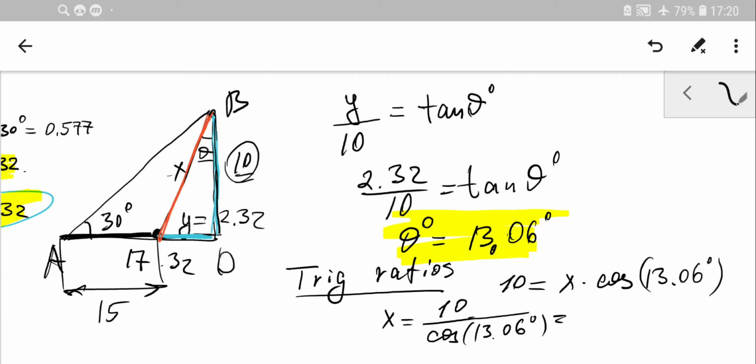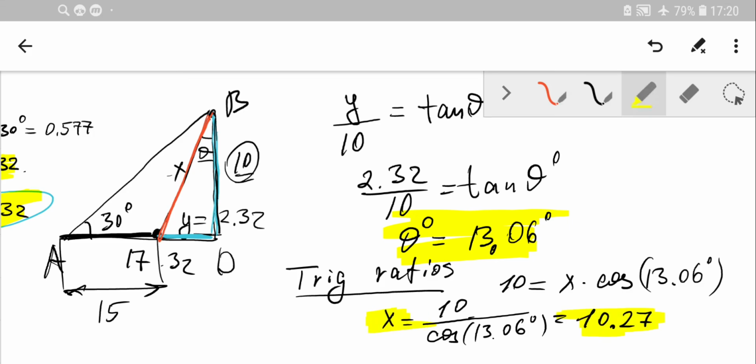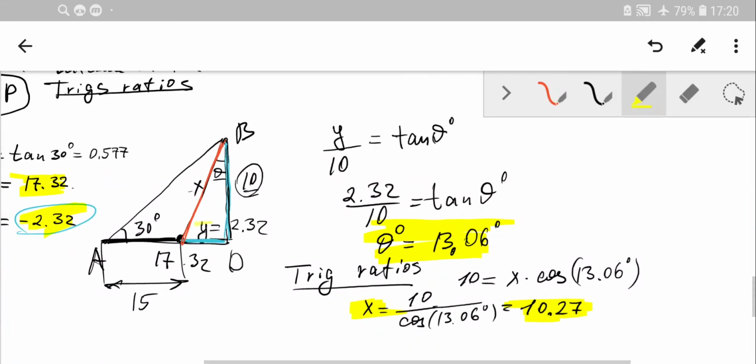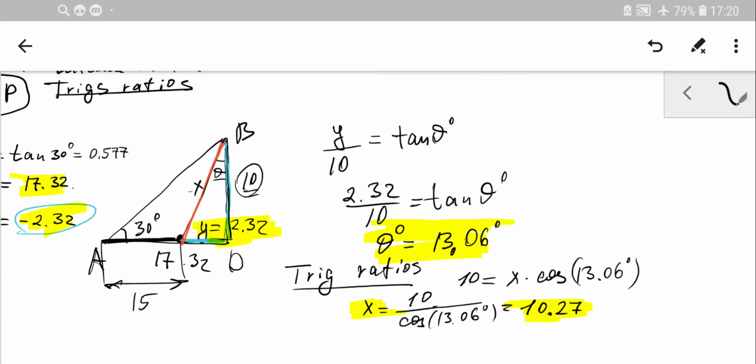Okay, so let's do that. 10 over cos of 13.06. And what I've got for the hypotenuse is 10.2065. Okay, so we found all unknowns. That was x. So from there we can find every single element.